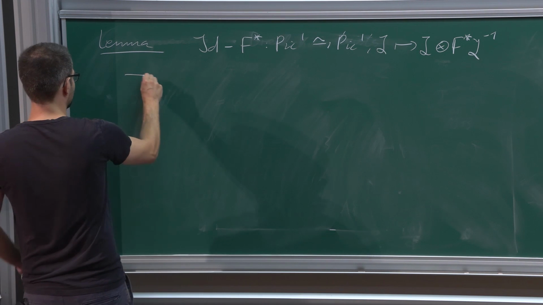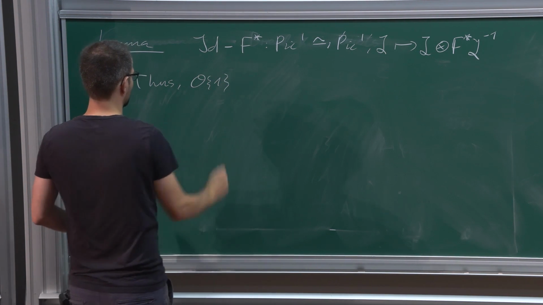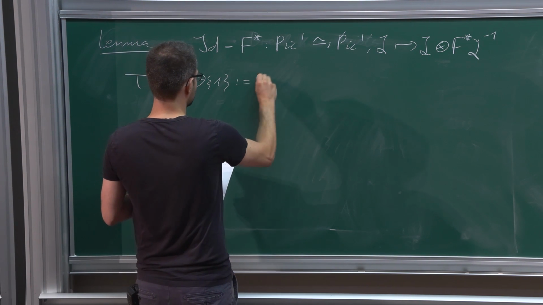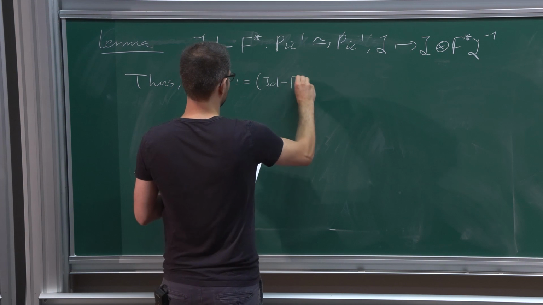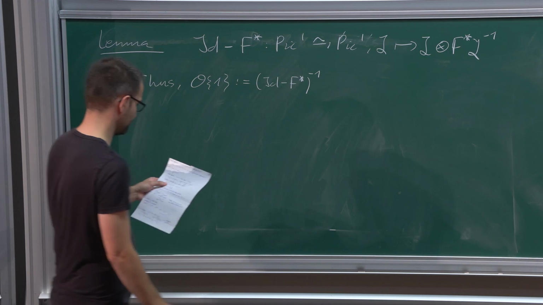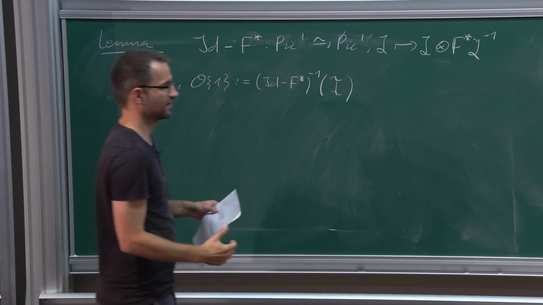And so given this, we can just define the Breuil-Kisin twist as the inverse image of the object I that I've constructed in this example.